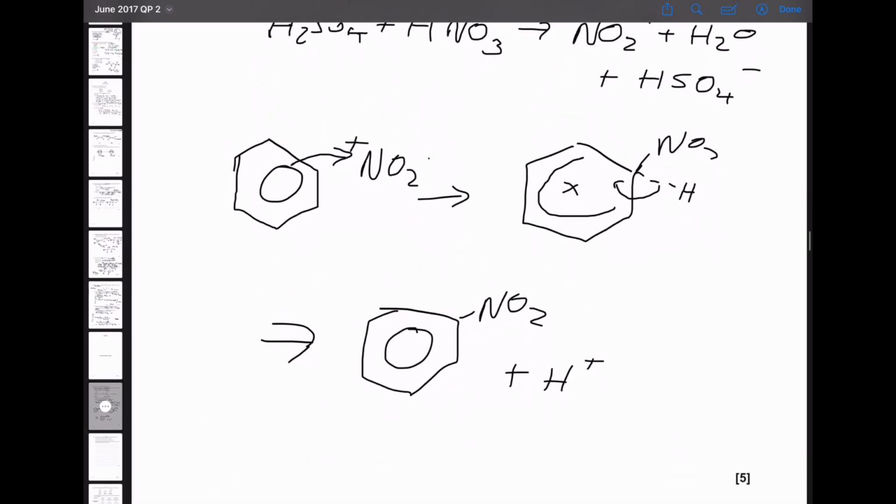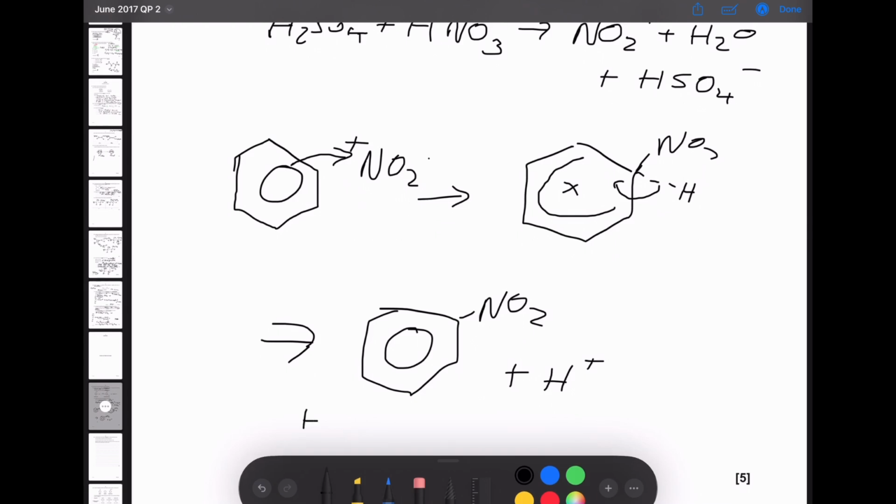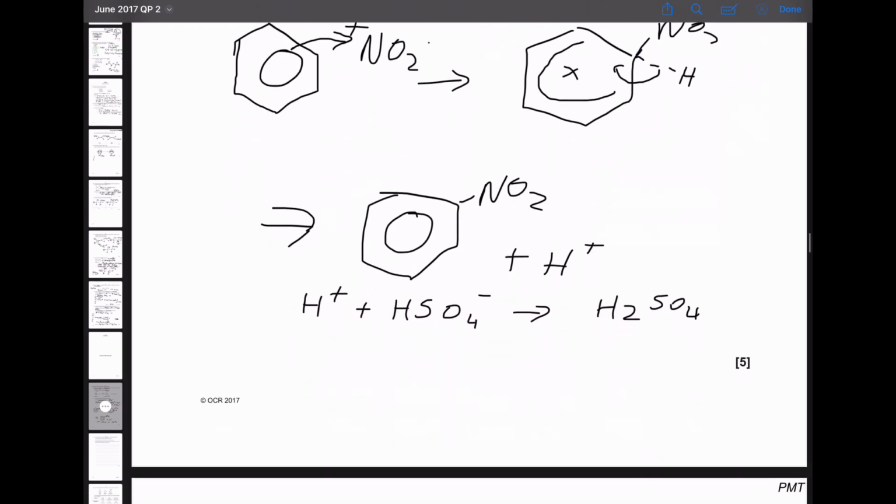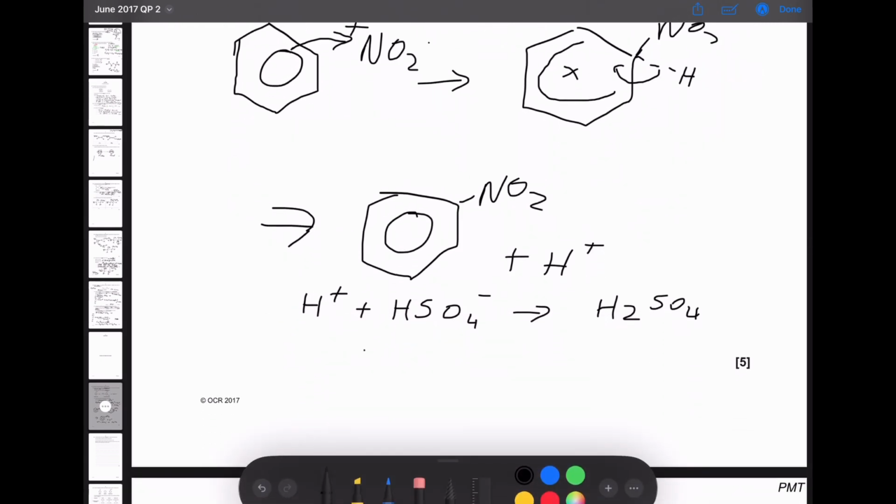And then what your H+ ion does is it reacts with your HSO4- from earlier, and it generates H2SO4. So we can say it's a catalyst because it's regenerated. H2SO4 is a catalyst as it is regenerated.